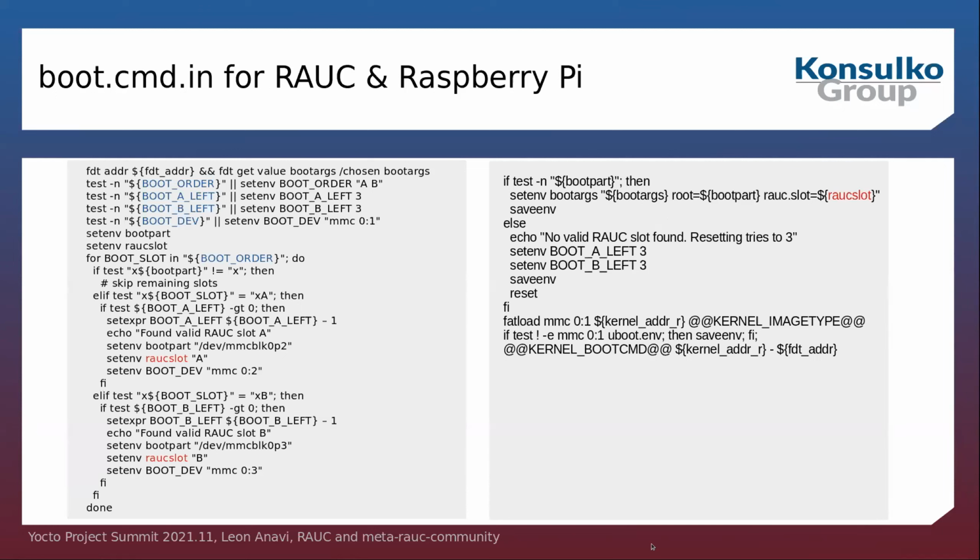And so far, we have it done for at least 4 platforms. The whole point of meta-rauc-community is to provide these scripts and everything out of the box so that you can start with a simple example, and after that iterate and make it better and make it fit your exact use case.